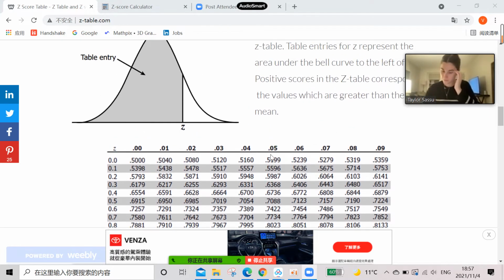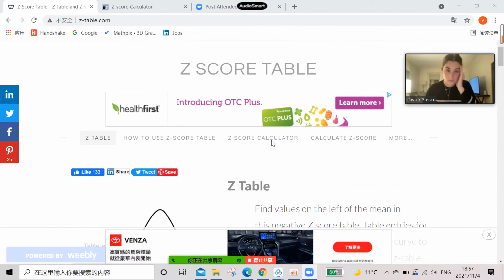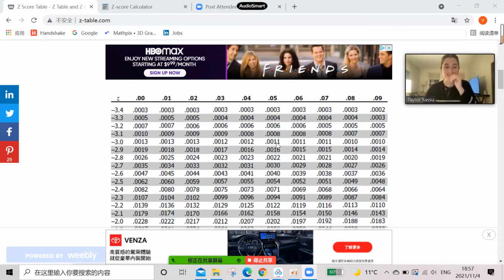Right, so for example here, when z equals 0.0, then I find z equals... Alright, here's the thing. Basically the probability is in the middle of the chart.